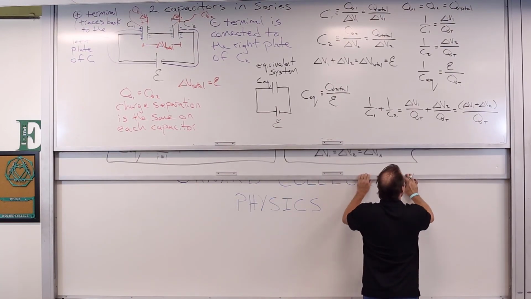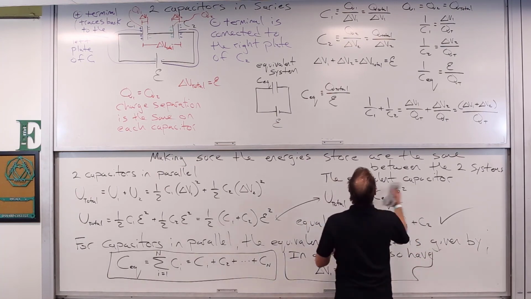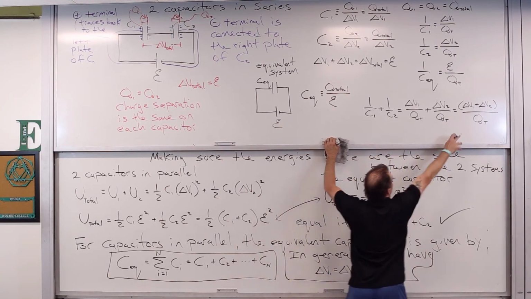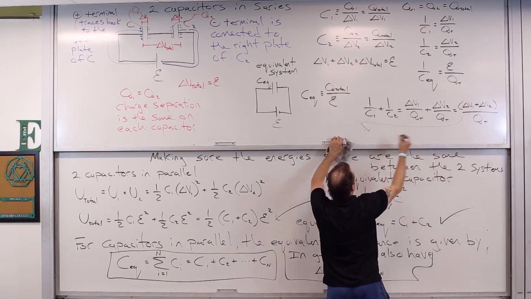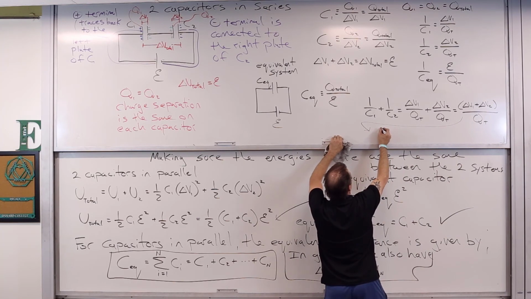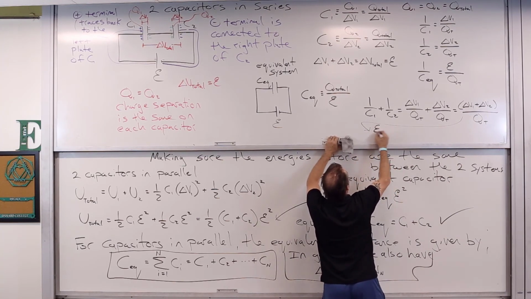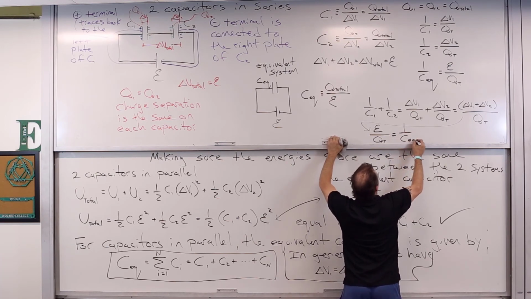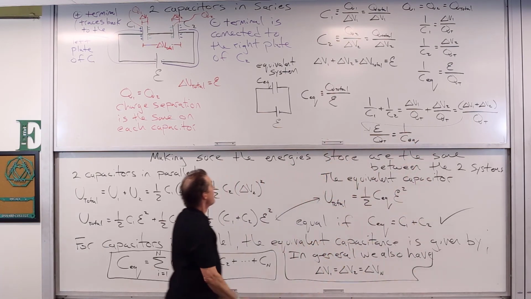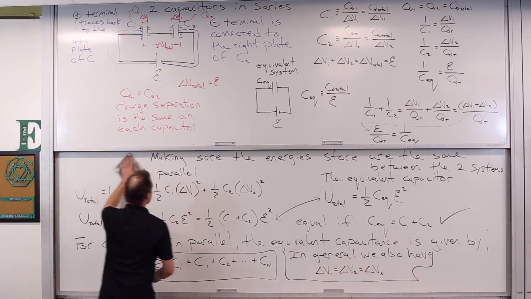I'm running short on room, let's just drop it down right here. That's going to give us delta V1 plus delta V2. Hey, that is the source potential divided by Q total, which is equal to 1 over CEQ. So what do we have? 1 over C1 plus 1 over C2 is 1 over CEQ.